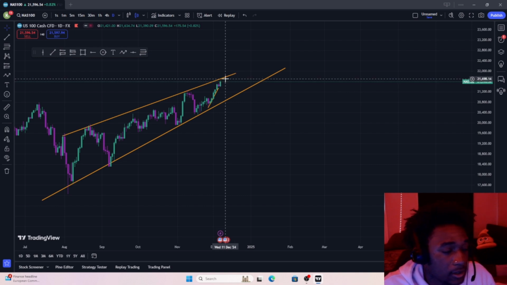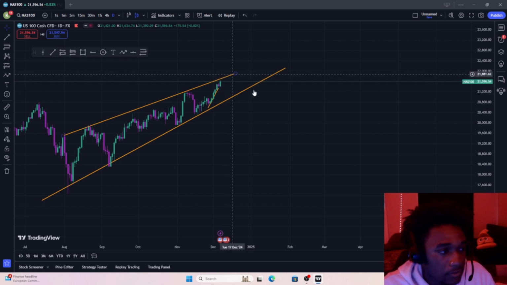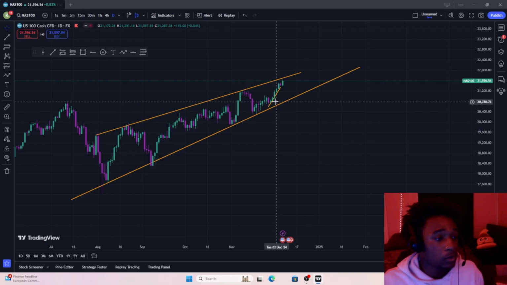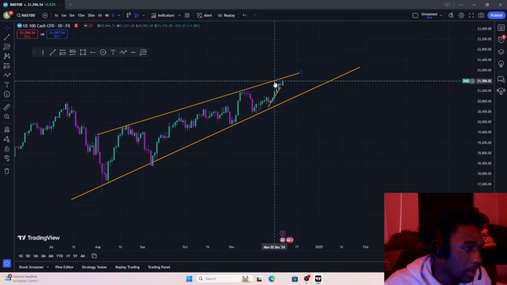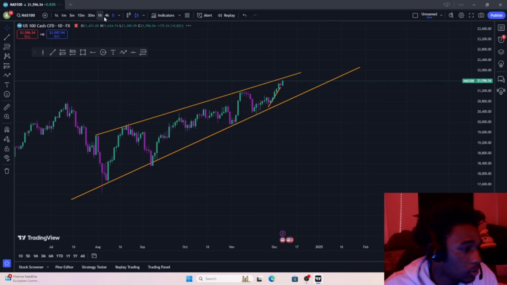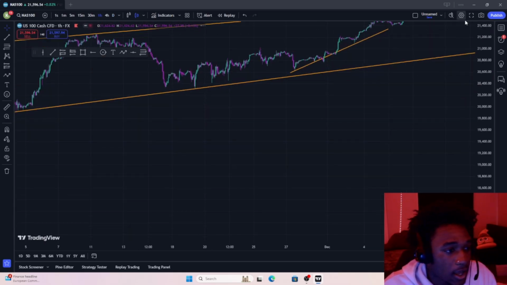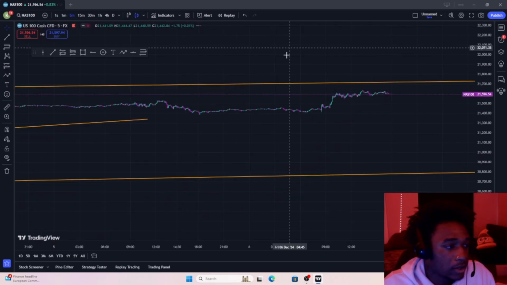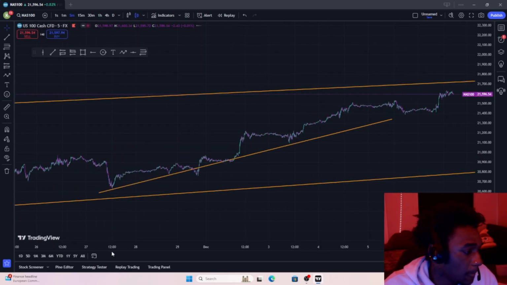So Monday, I'm definitely going to be looking to see if we have some short opportunities. But this past Monday, we were definitely nowhere close to the top of the daily trend, so I was good on buys. The hourly time frame was telling me buys, and overall on the 5 minute, we were looking good for buys anyway. So I was looking for buys.